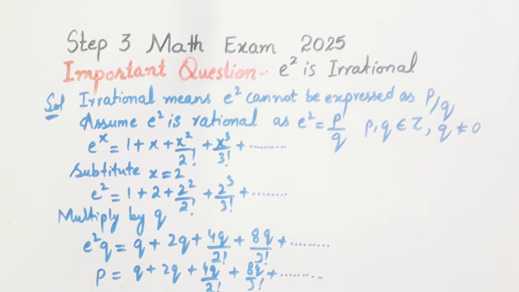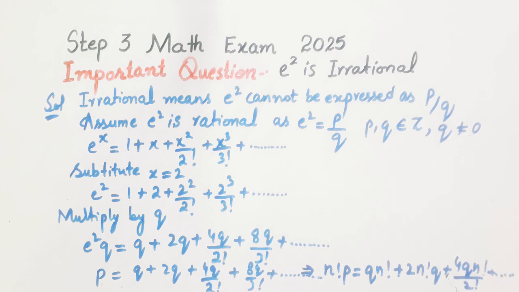Now we will multiply this equation by n factorial, where n is a very large integer. So we will get n factorial p is equal to q n factorial plus 2q n factorial plus 4q n factorial by 2 factorial, and so on.